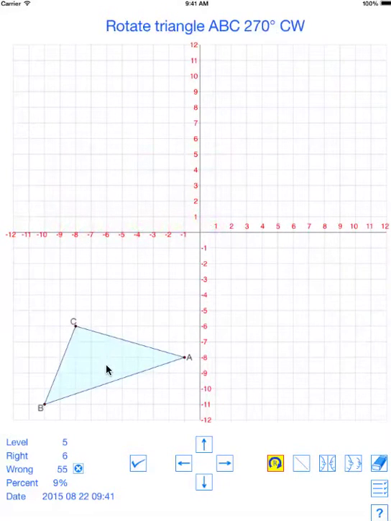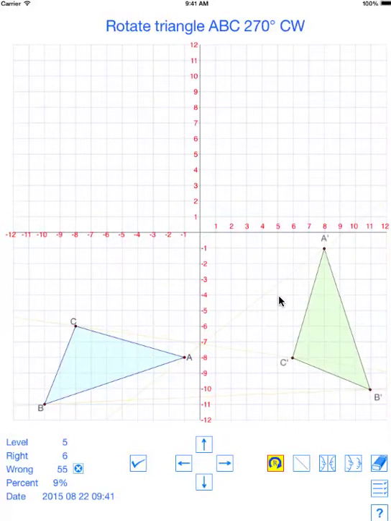270 clockwise. Click on the shape to copy, and then, okay, so that's 90, that's 180, and this is 270, but that's a lot of work, and I'm a little bit lazy, so I don't want to go around 90, 180, 270 like that. Notice that it would have been a lot easier to just rotate 90 the opposite way, because 270 clockwise is 90 counterclockwise.